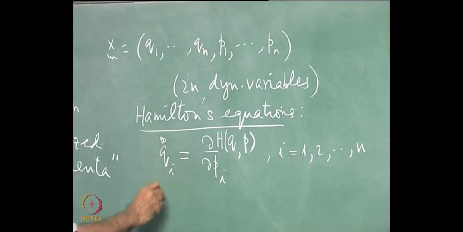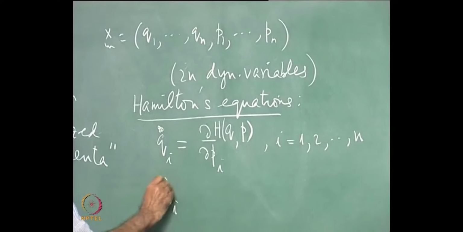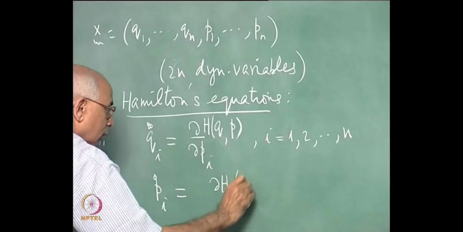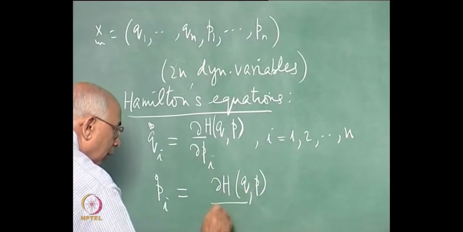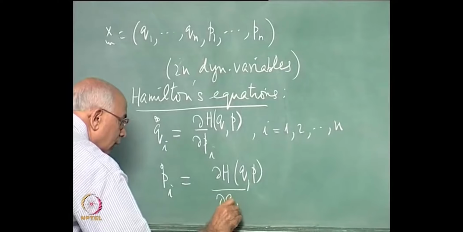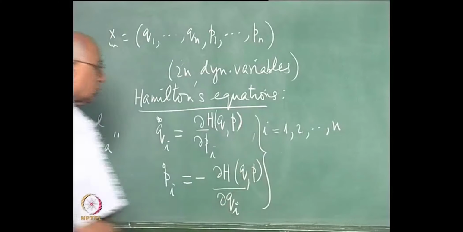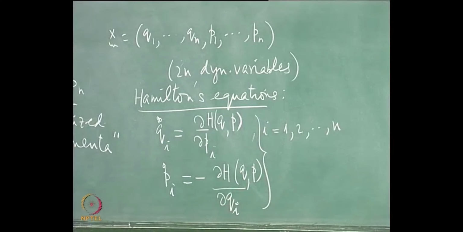And the rate of change of pi is again given by the partial derivative of the Hamiltonian, but with respect to the conjugate generalized coordinate qi with a minus sign, and this set of equations is valid for each i.